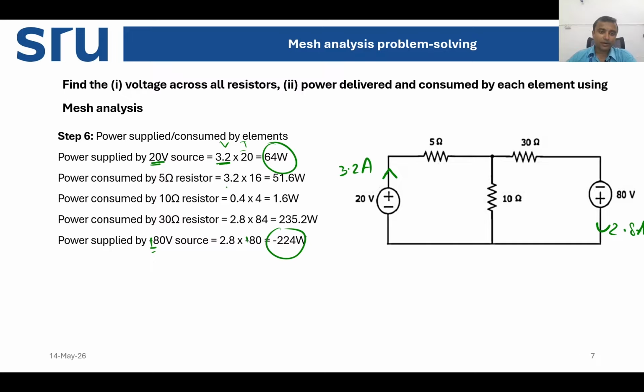Now the power consumed by the resistances. There is no 16 ohm resistance actually, we have 5, 10 and 30 ohm.